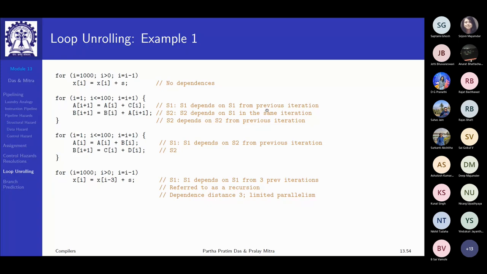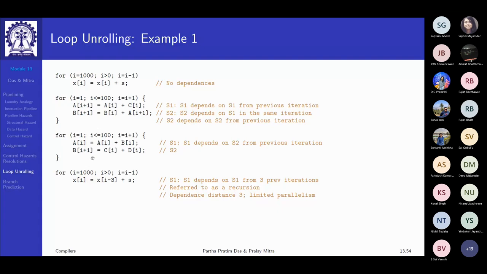If I look at the next instruction, S2, then again, BI plus 1 depends on BI. So S2 depends on S2 from the previous iteration, that is across the iteration. And BI plus 1 is using AI plus 1, so in the I plus first iteration, S2 depends on S1 in the same iteration. So this is the same iteration dependence, and the other two are dependences across iterations, loop carried kind of.